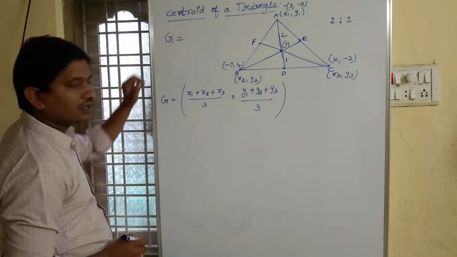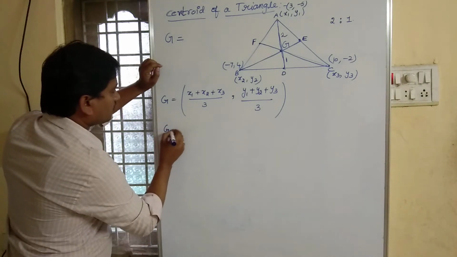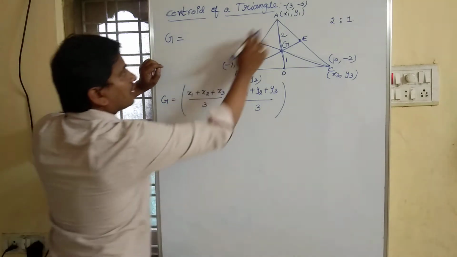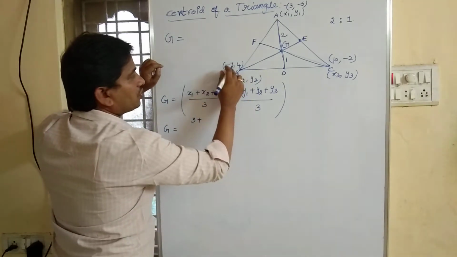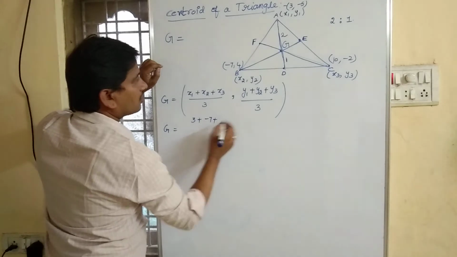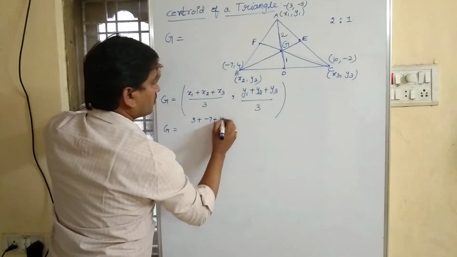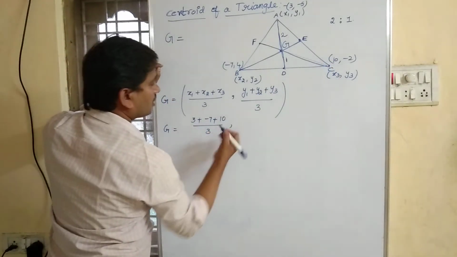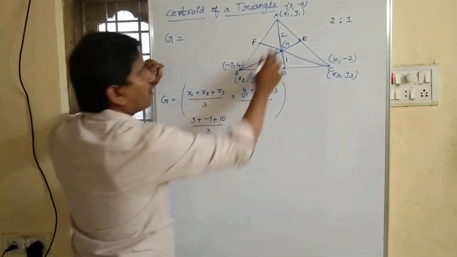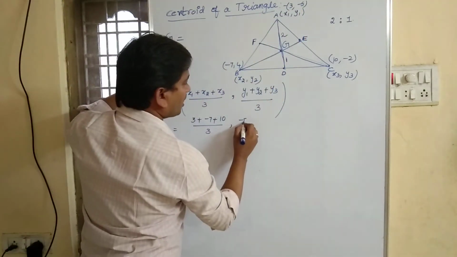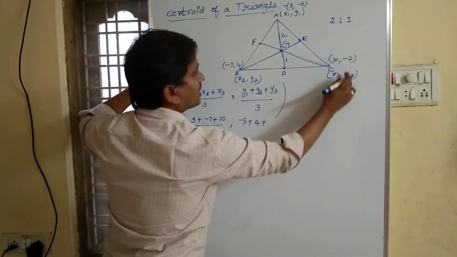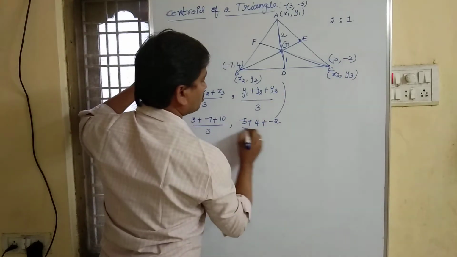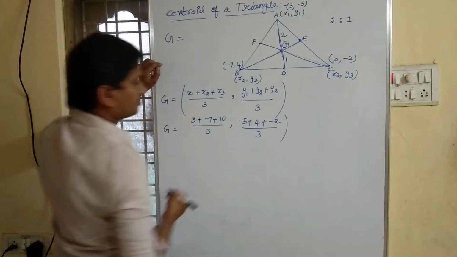So the centroid G equals ((3 plus -7 plus 10) by 3, (-5 plus 4 plus -2) divided by 3).